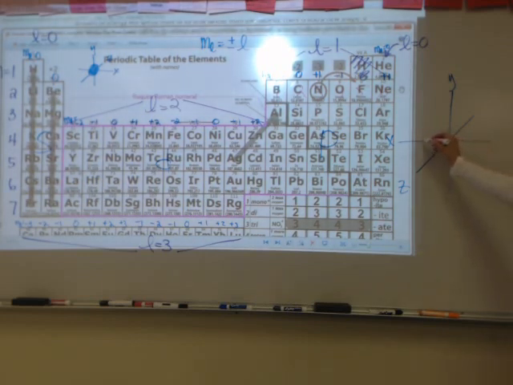So I'm going to have one electron first going on the x-axis. Then the next one is going to go on the y-axis to get away from the other one. And then if I have a third electron, it's going to go on the z-axis to get away. Then they will start pairing up. Then the fourth electron would go on the x-axis, the fifth electron would go on the y, and the sixth electron would go on the z.